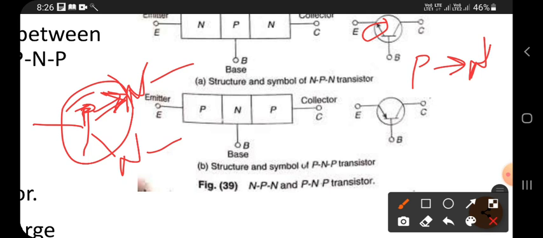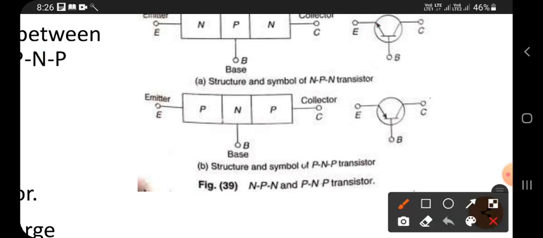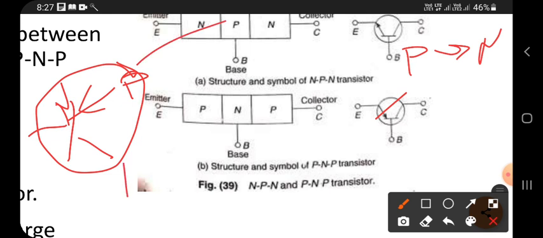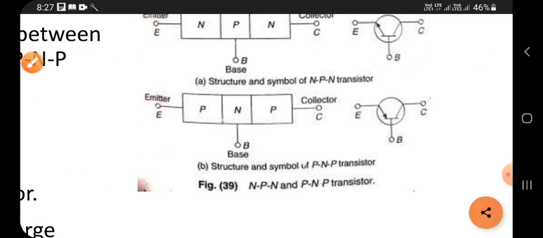Next, the inward arrow. Since the arrowhead is always from P to N, this side is P and the other is N. So if this is P, then the other is also P. So it is a PNP transistor. Like this, you have to understand depending upon the arrow mark whether the given transistor is NPN or PNP.